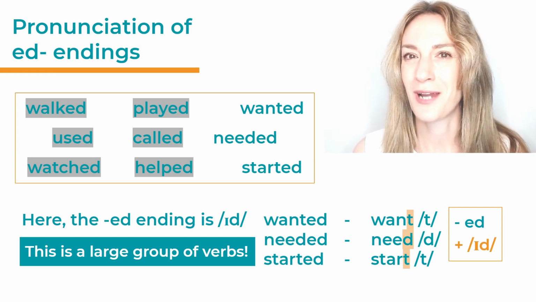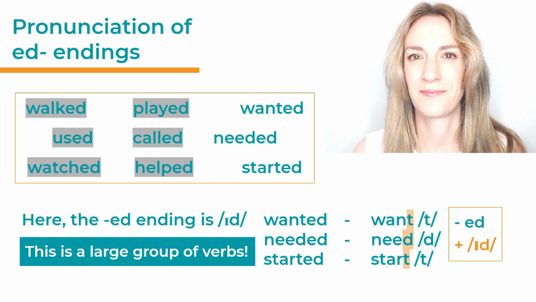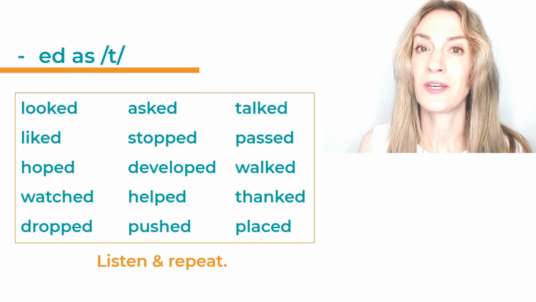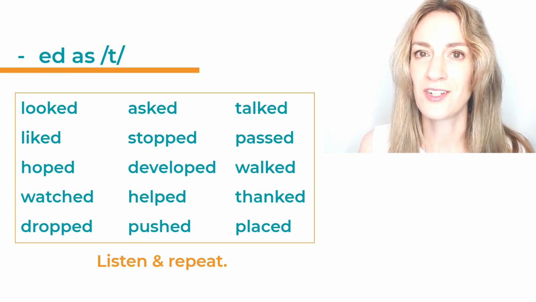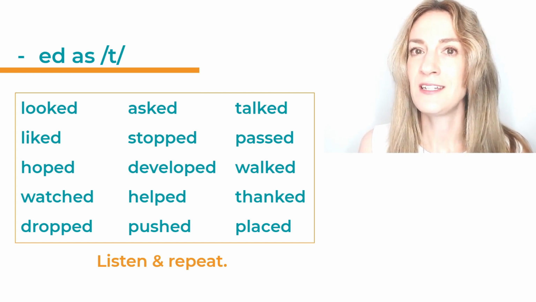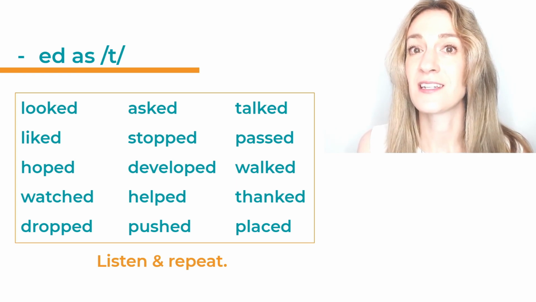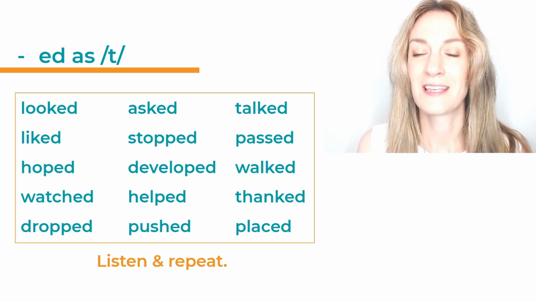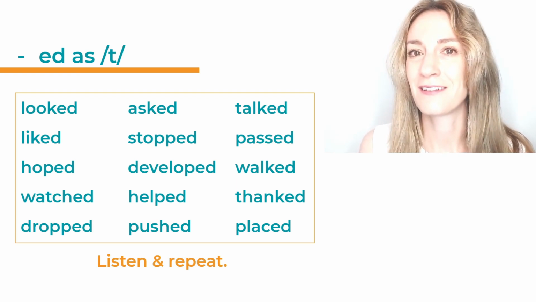So let's practice. So first of all, we are going to practice the pronunciation of verbs where ed is pronounced as t. So there are lots of consonant sounds next to one another. So listen and then repeat.